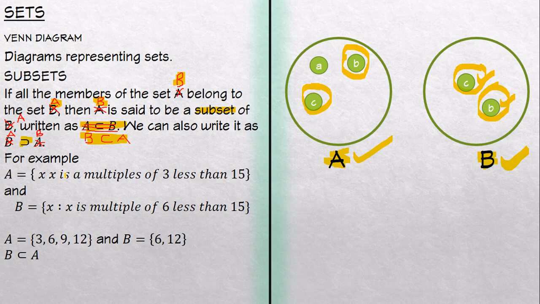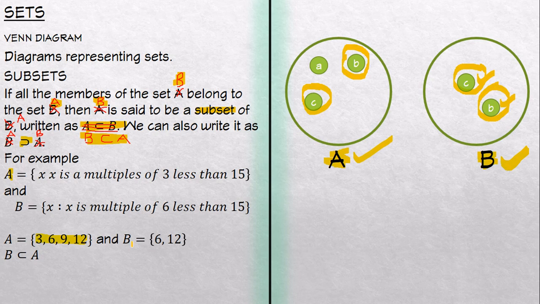So an example of that would be if we have the set A, which is defined as X is such that X is a multiple of 3 less than 15. So with that, we can define A to be 3, 6, 9, and 12.